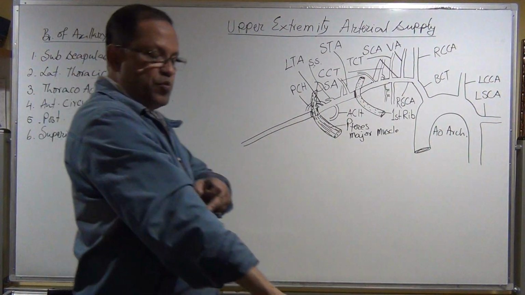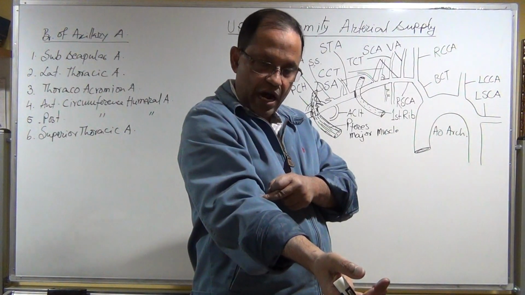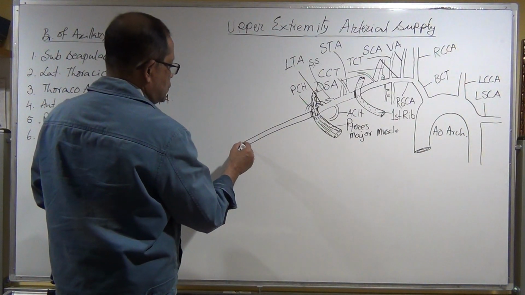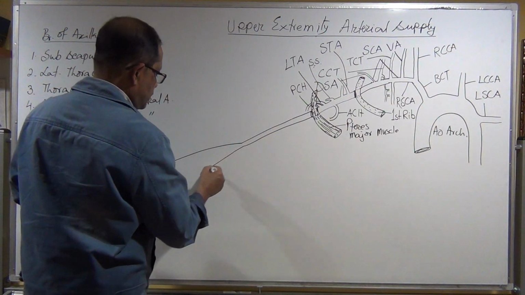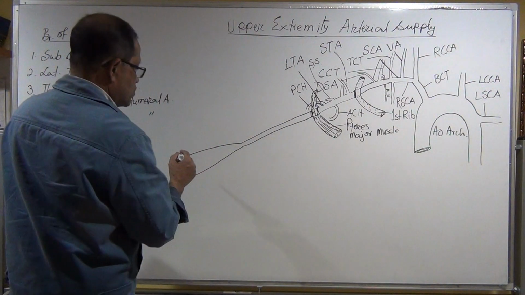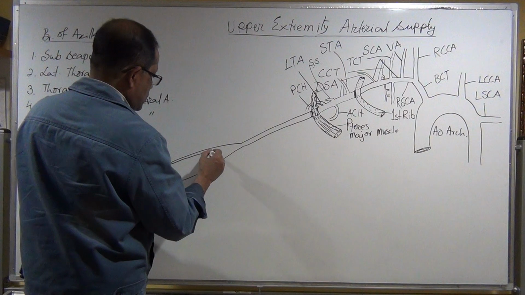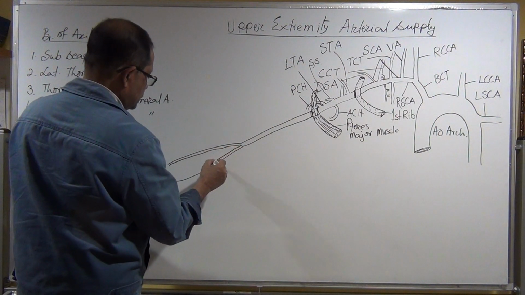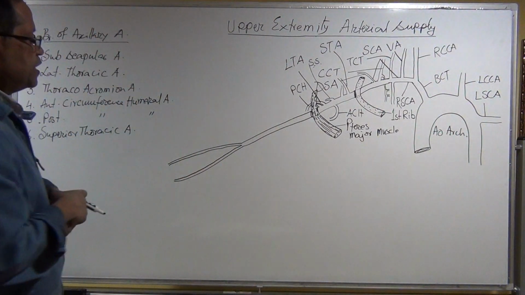At the cubital fossa, sometimes a little above or sometimes a little down, it splits into the radial and ulnar arteries.